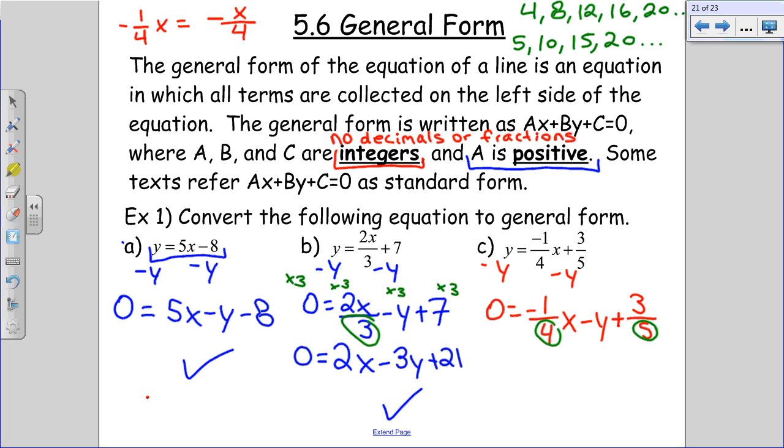The lowest number they have in common is 20. That means if you multiplied everything by 20, it would get rid of both your fractions without multiplying by too big of a number. So I'm going to multiply everything by 20.